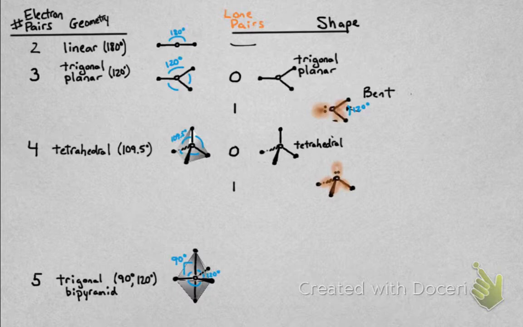And so we still count this as 4 electron pairs around the central atom, arranged 109.5 degrees apart. But the final shape, since the shape is dictated by the positions of the atoms, looks like a little pyramid like this. Okay, sort of a shorter pyramid than the tetrahedral. We call this, in fact, to distinguish it, a trigonal pyramid.